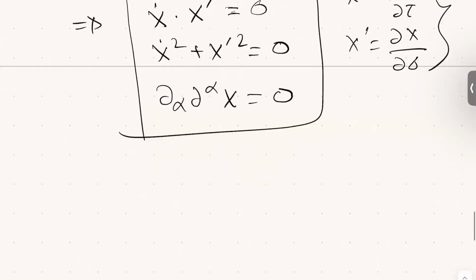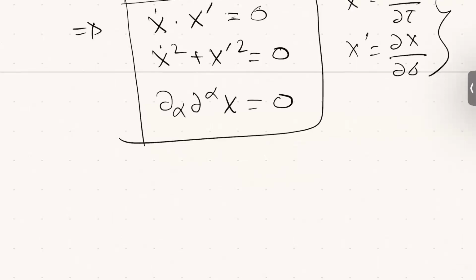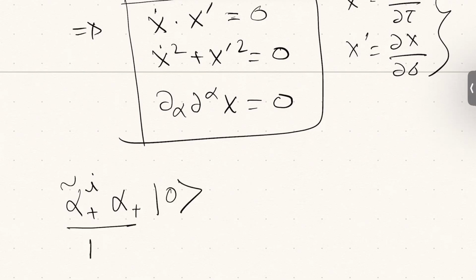Similarly, whenever you have strings and you have a solution like this, then in that case the number operators are given by this. So this is the number operator for us. Okay.